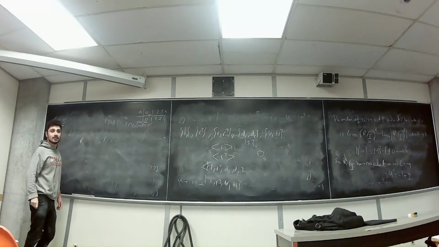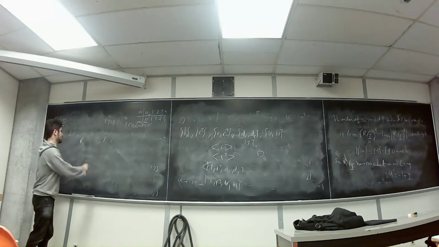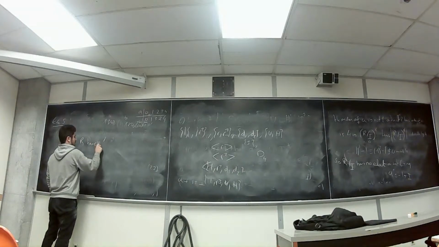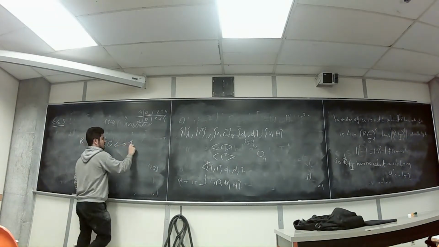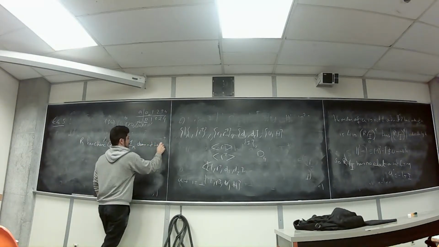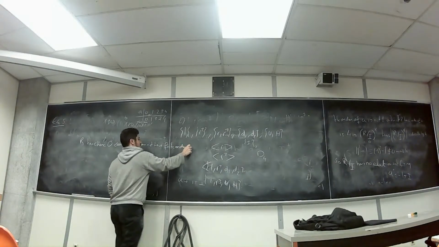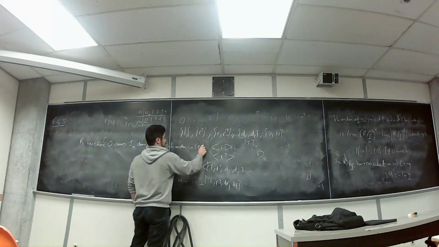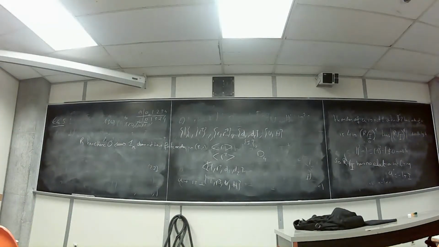It's proved, right? R has characteristic 0 if and only if 1R does not have finite order in R plus. Right?